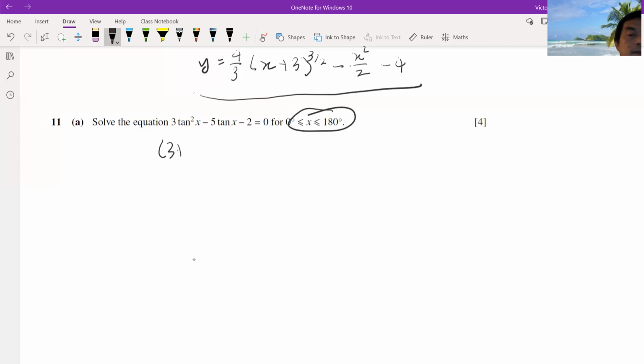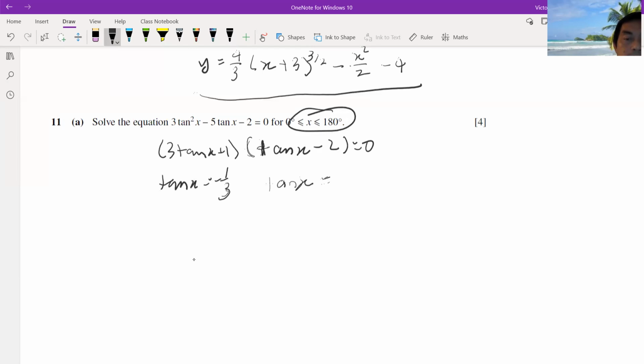So by factorizing, (3 tan x + 1)(tan x - 2) equals 0. So tan x is minus 1 over 3 or 2. Now if this question comes up as the last question, you have to be careful.